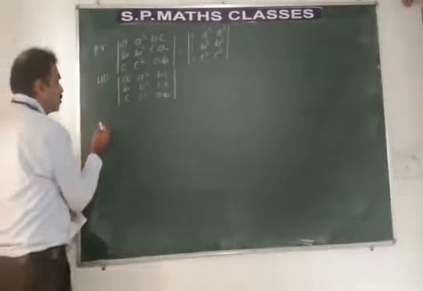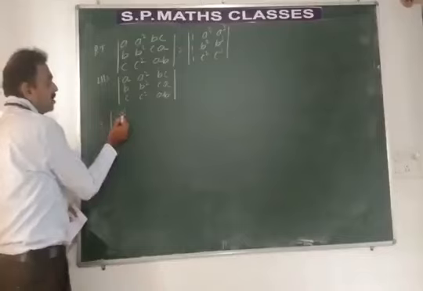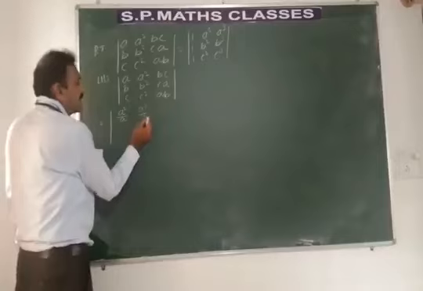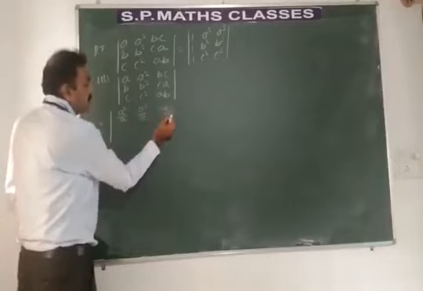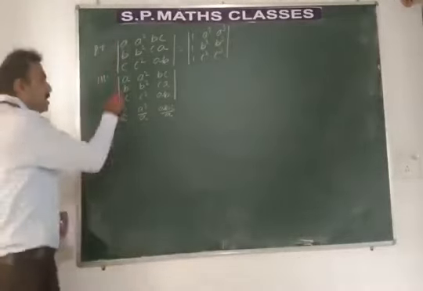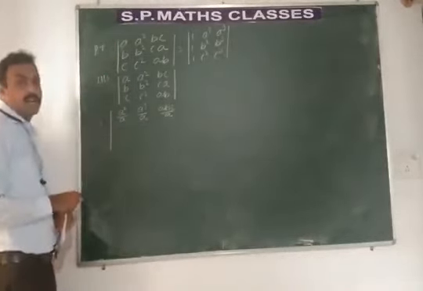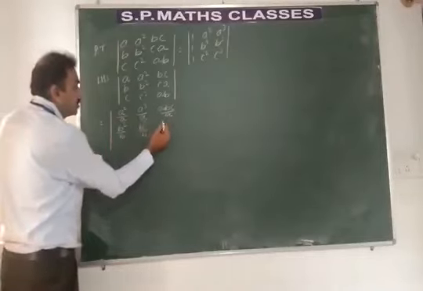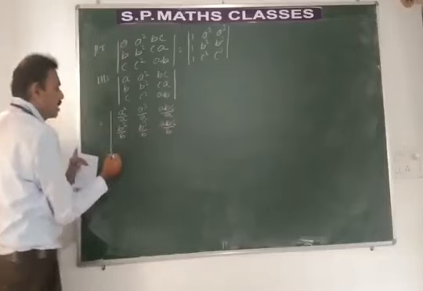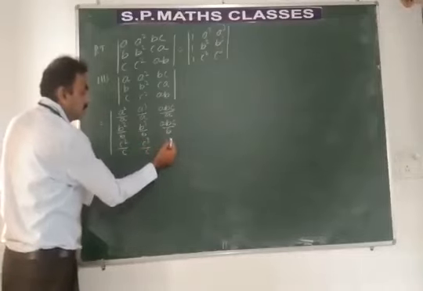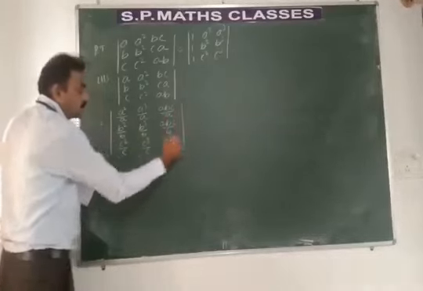To that end, I take one simple operation: multiply and divide the first row by A. You will be getting A cube by A, which can be written as ABC by A. What I have done is multiplied and divided the first row elements by A. Similarly, for the second row elements, multiply and divide by B. You will be getting B square by B, B cube by B, ABC by B. Similarly, for the third row, multiply and divide by C, C cube by C, ABC by C. I think you have understood this step.